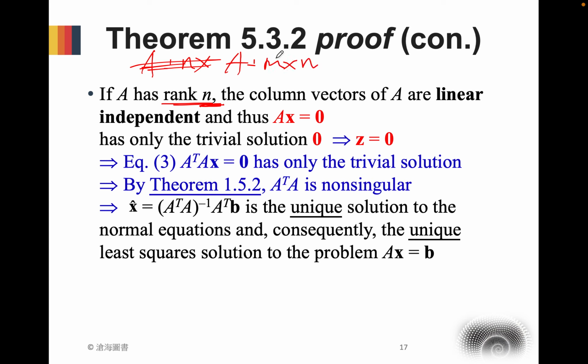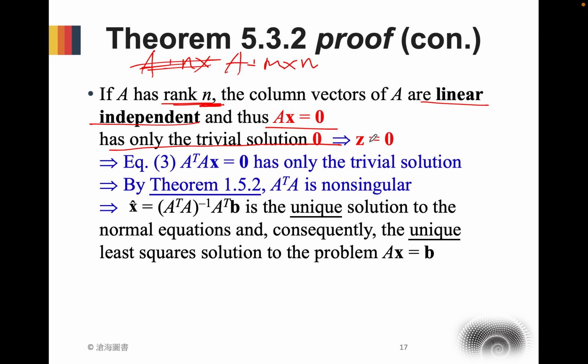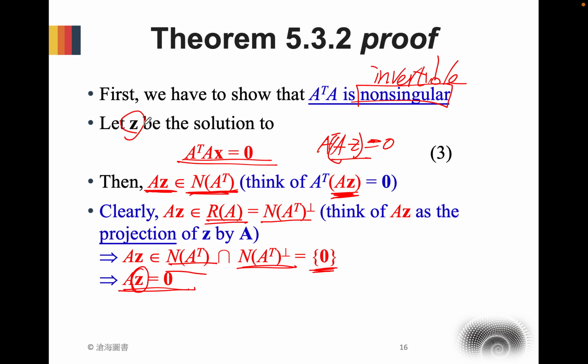If its rank is n, then the column vectors of A are linearly independent, so that A x equals 0 has only the trivial solution. So if A x equals 0 has only the trivial solution, that means here the vector z should be equal to the trivial solution, the 0 vector. So in this case, we know that the vector z is a 0 vector.